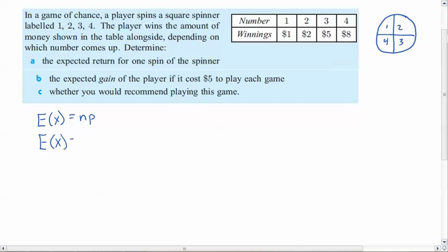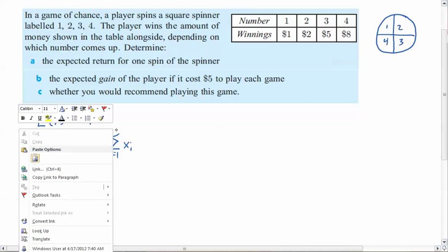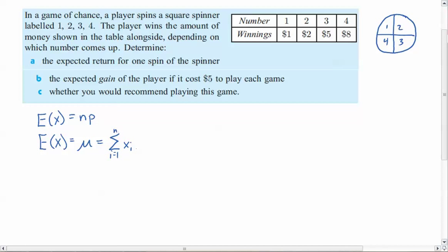The expected value of our random discrete variable is equal to the average score. Now, the average score we can calculate by taking the sum of each of the individual pieces, how many numbers there are, and then multiplying it by the probability.